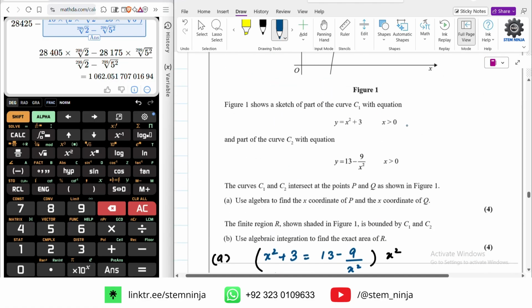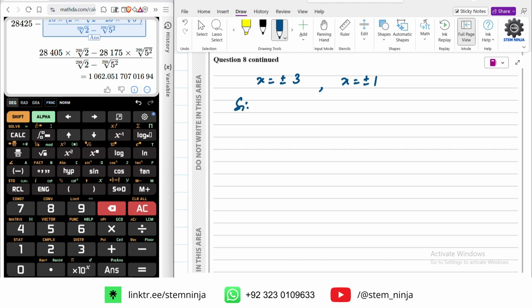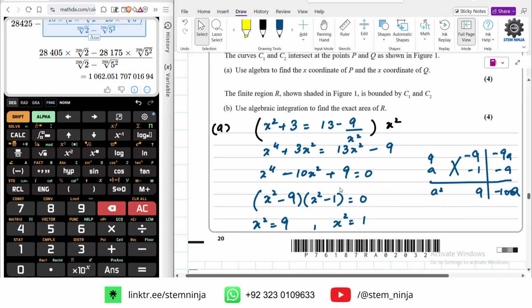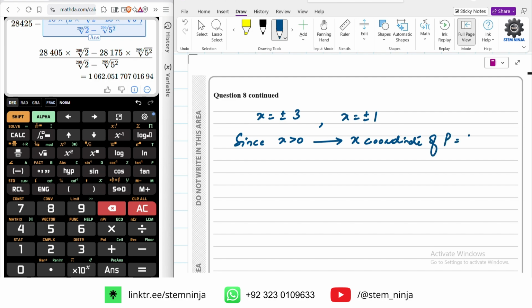Since both of these functions are greater than 0, x is greater than 0, so therefore the x-coordinate of P is 1 and the x-coordinate of Q would be 3.